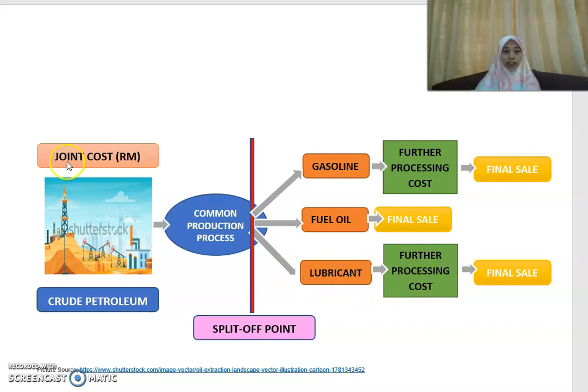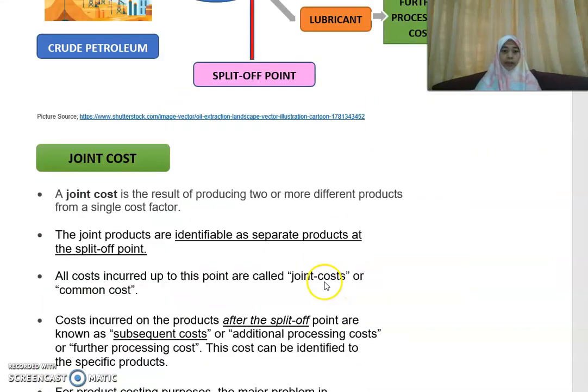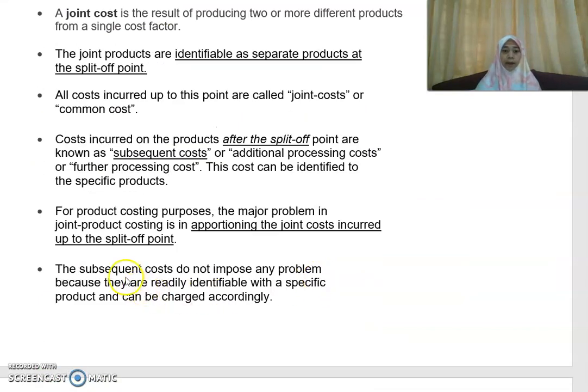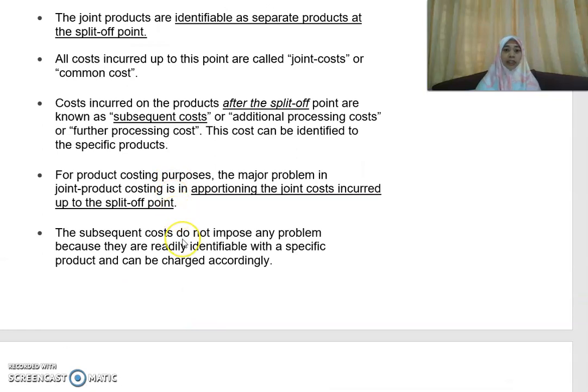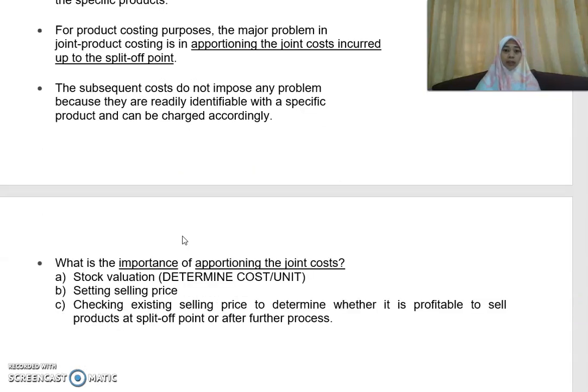But if you incur 100,000 here, you do not know how much of that 100,000 belongs to gasoline, how much belongs to fuel oil, and how much belongs to lubricant. The subsequent costs do not impose any problem because they are readily identifiable with a specific product and you can charge it accordingly. But for the common cost, you need some basis to apportion the joint cost.